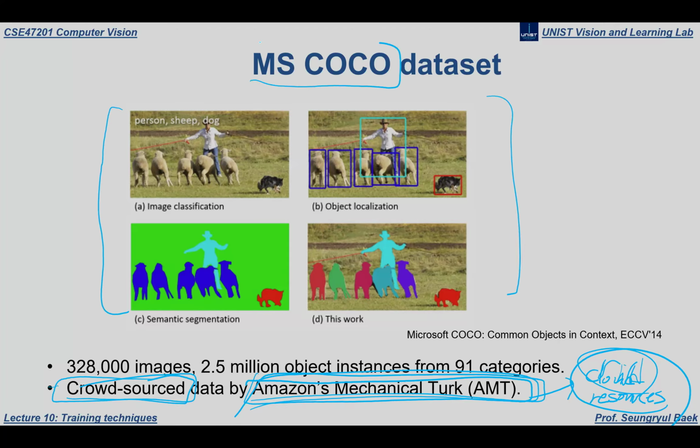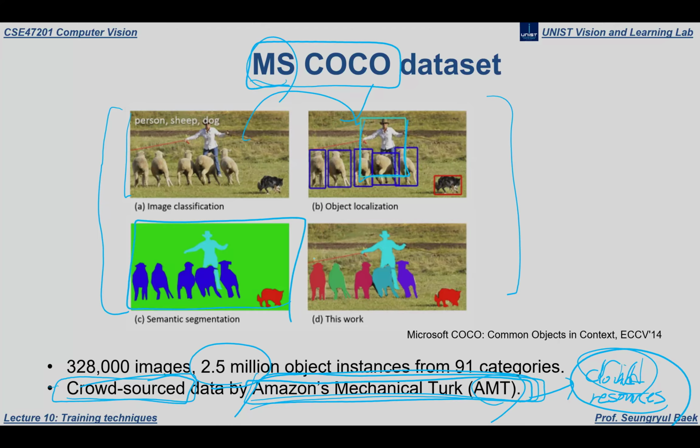So this MS COCO data is the data proposed by Microsoft, okay? And they made million scale data by using this AMT, Amazon Mechanical Turk, the crowdsourcing, okay? So given this image, they make this bounding box and also the segmentation mask, okay?